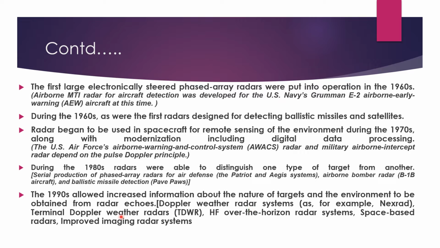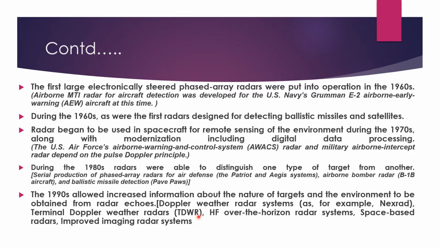And the terminal Doppler weather radar, TDWR. These are basically installed at or near major airports to warn of dangerous wind shear during takeoff and landing. Okay, so they are basically used for air traffic control.